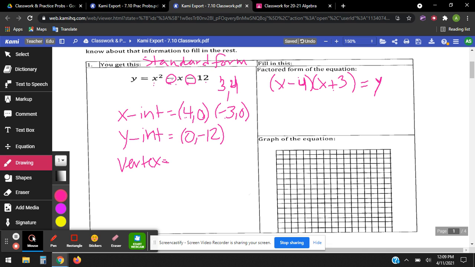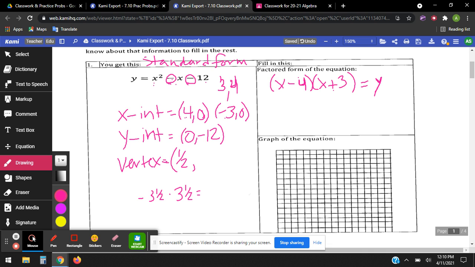So 4 plus negative 3 is 1. 1 divided by 2 is half. So my vertex is going to be at 1/2, comma, ooh, this is kind of ugly. So let's see, half minus 4 is negative 3.5 times half plus 3, 3.5.